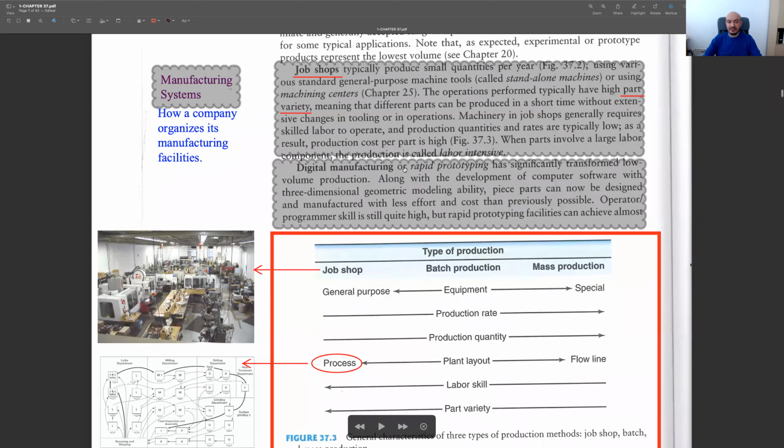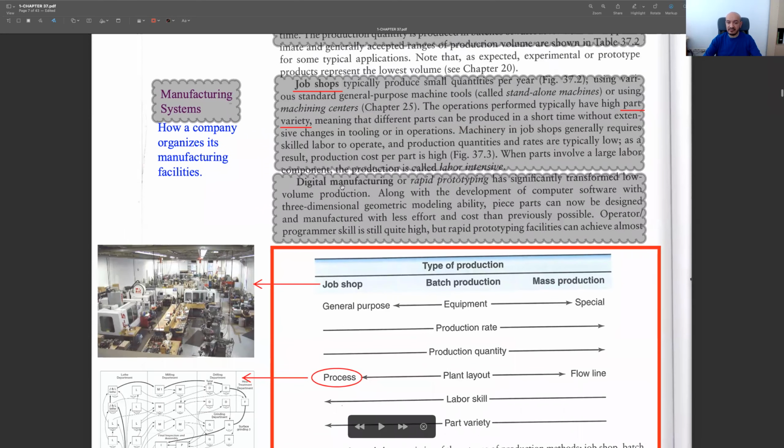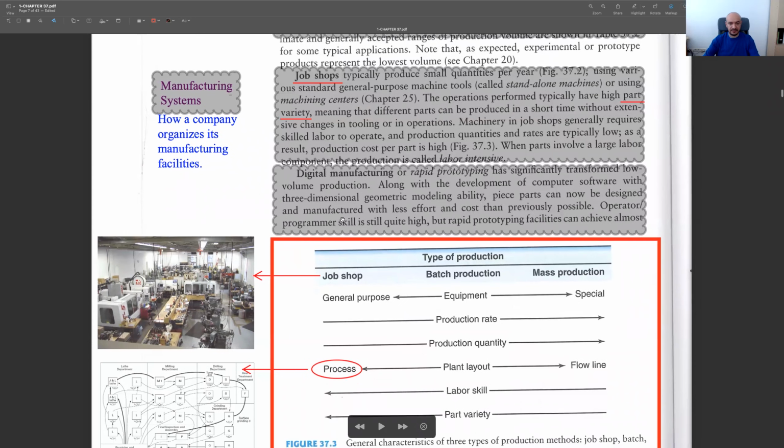And the second one is rapid prototyping facilities. It's sometimes called digital manufacturing, since on the same machine, you can produce any kind of product. You don't need to write G-codes according to the shape of the product. They are all digitized. So it is mostly an automated manufacturing process.